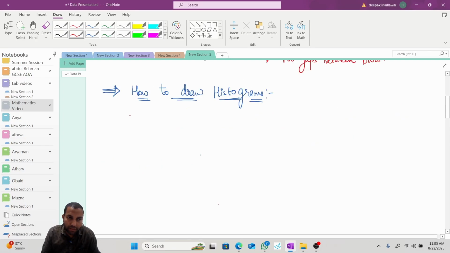Step 1 is to check whether there are gaps in your histogram. This is always the first step.